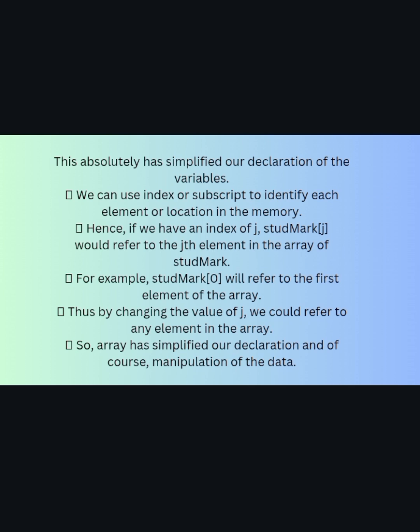For example, student_mark[0] refers to the first element of the array. Thus, by changing the value of j, we can refer to any element in the array. So the array has simplified our declaration and the manipulation of the data.